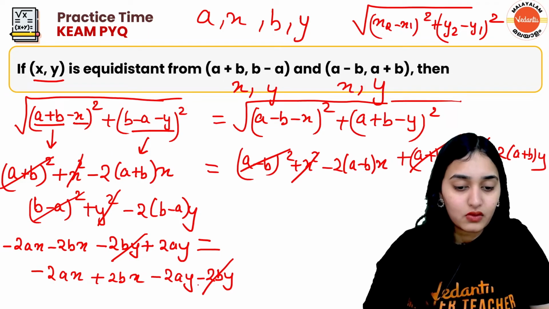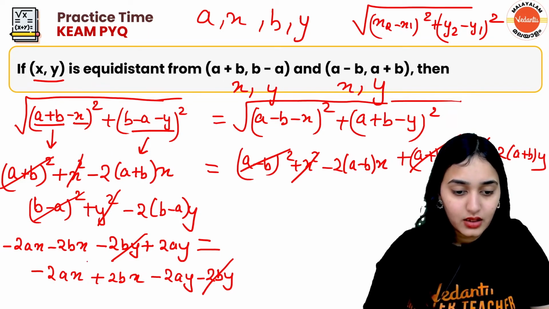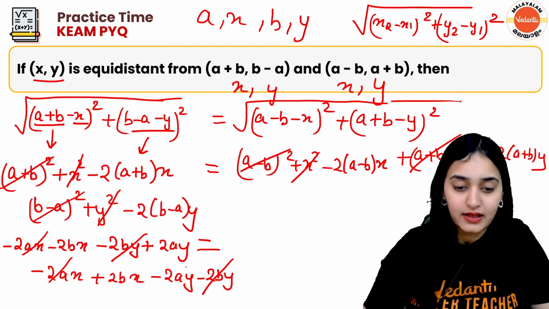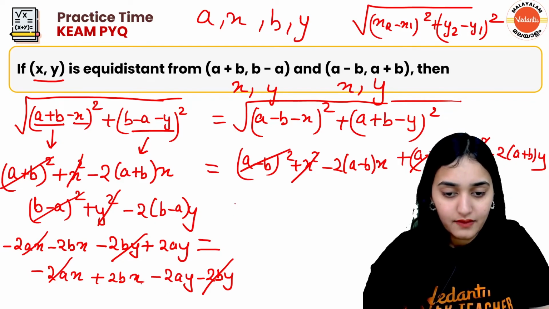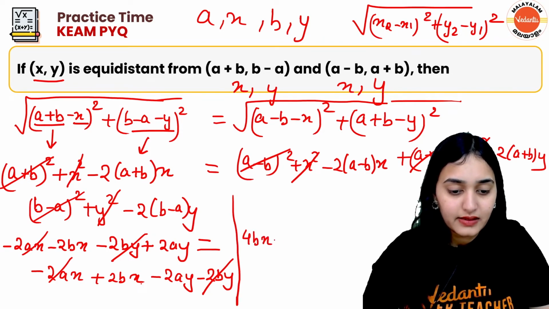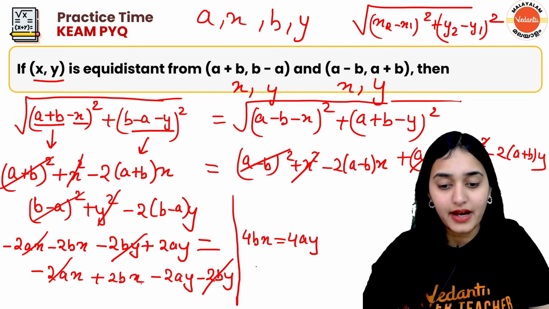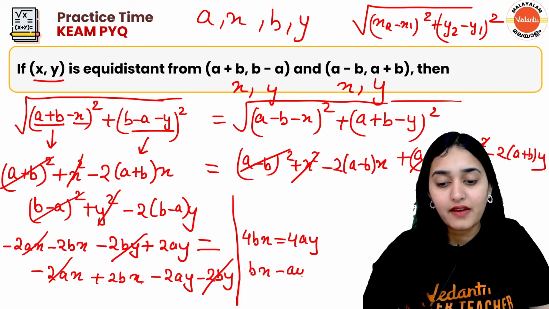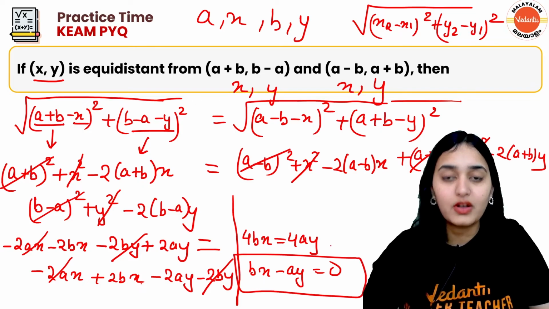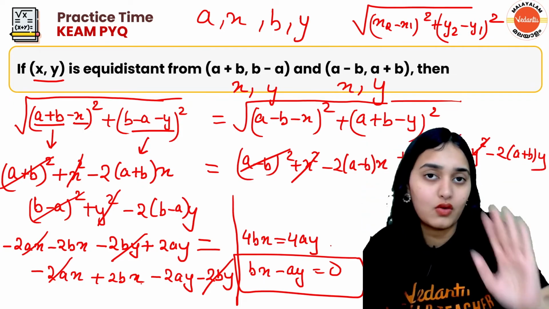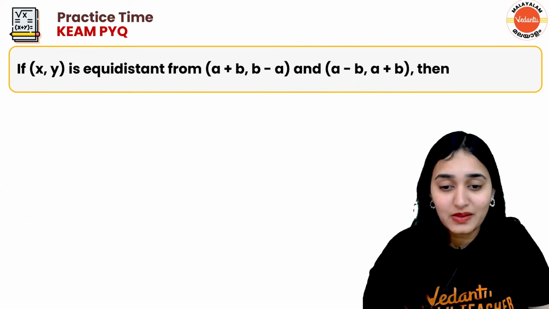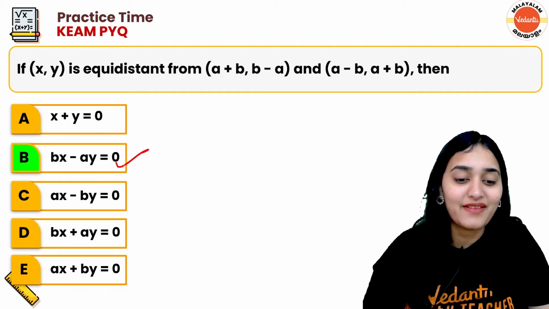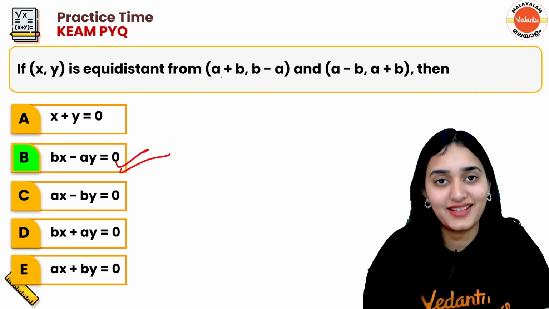Minus 2ax cancelled. Now put everything on the same side. So we have the final answer as 4 times bx is equal to 4 times ay. So bx minus ay is equal to 0, because 4 goes to the other side. Bx minus ay is 0. We had so much space. Sorry. Bx minus ay is 0. That is the answer. Okay.